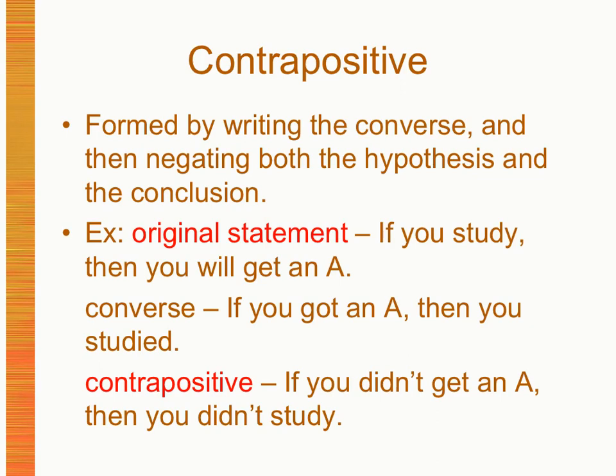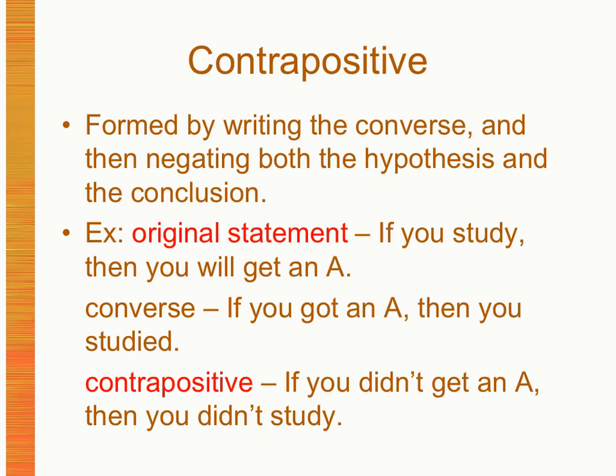What is negating again? Negate is where we write the opposite. So back to the contrapositive. It's formed by writing the converse and then negating both the hypothesis and the conclusion, so you make them the opposite. My original statement here is, if you study, then you will get an A. To write the converse, you flip.